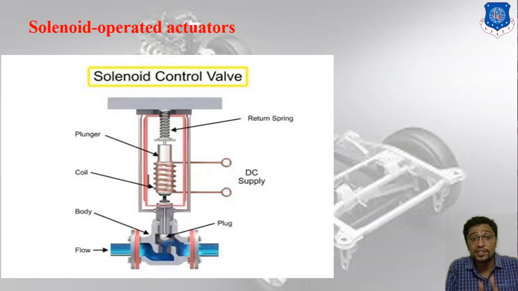So this is the setup of a solenoid control valve. When the spring presses or returns in the solenoid operated actuator, you can see the movement of the plunger, and then the supply and coil and all of that, right? So this is the concept of the solenoid operated actuator, right?